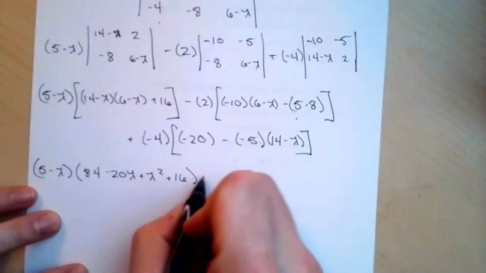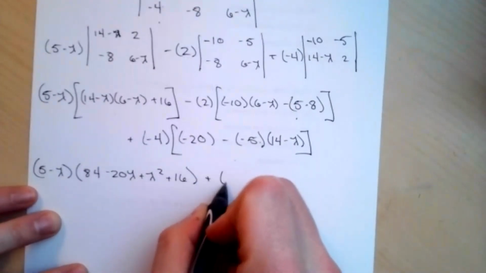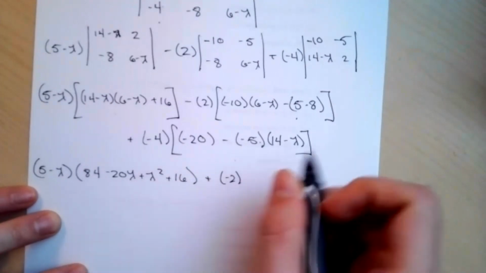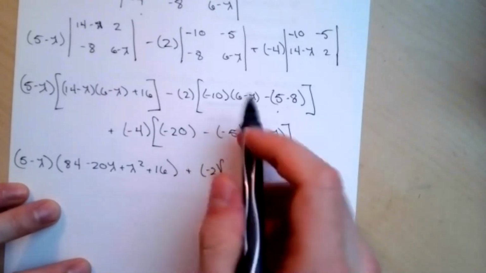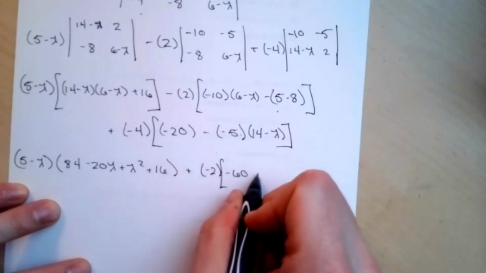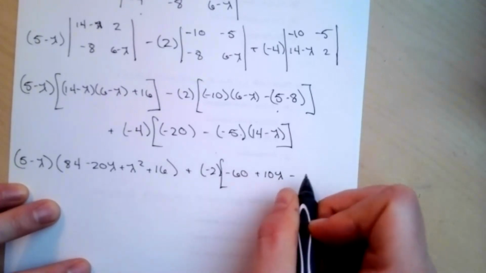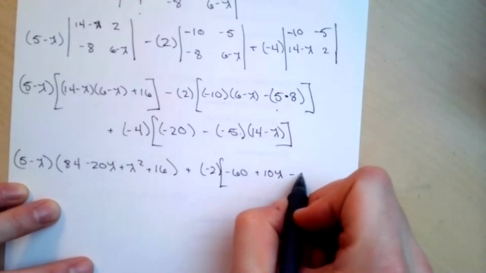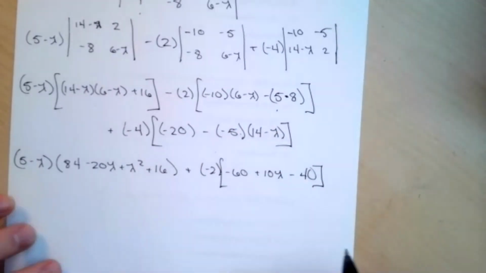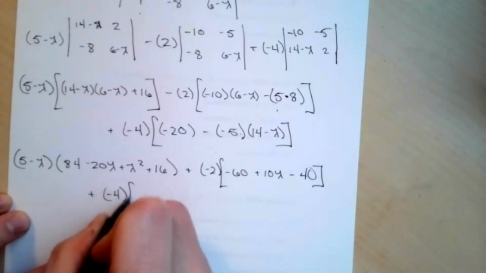For the next one, I'm just going to write this as plus a minus 2. I'll distribute that minus to remember it. We'll have minus 60 plus 10 lambda, minus, that's a 5 times 8, which is 40. And then plus a minus 4.